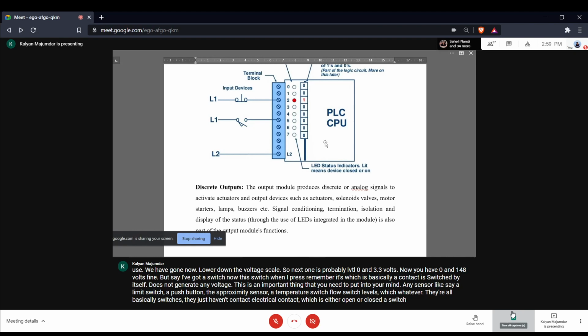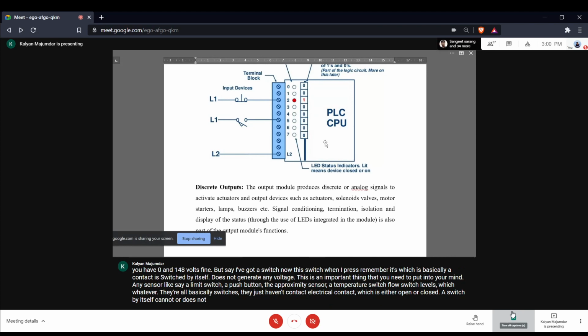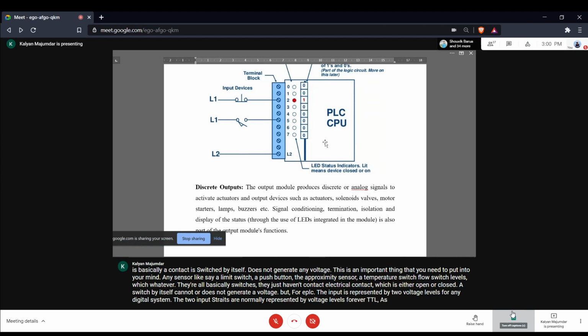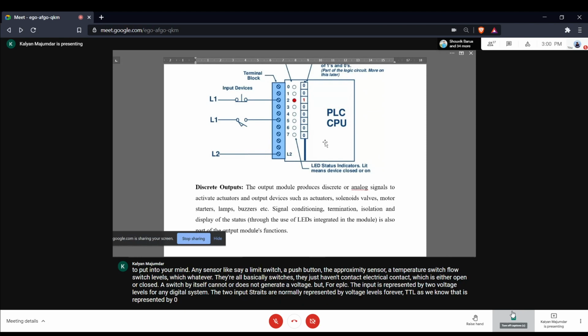A switch by itself does not generate a voltage. But for a PLC, the input is represented by two voltage levels. For any digital system, the two input states are normally represented by voltage levels. For TTL, as we know, that is represented by 0 and 5 volts.